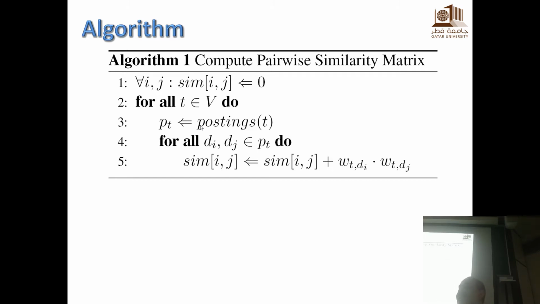Now, what remains is how we can get the contribution of that term in all pairs of documents for which this term will contribute to their similarity.